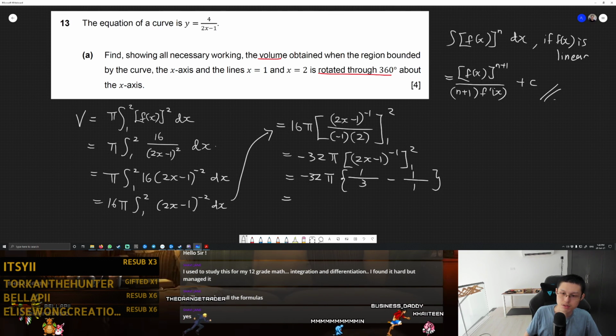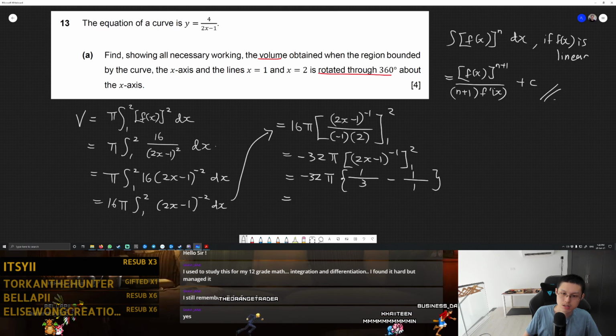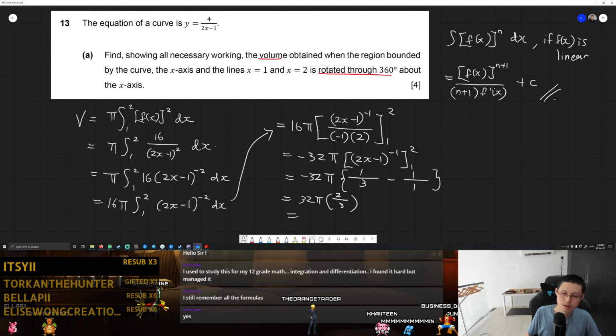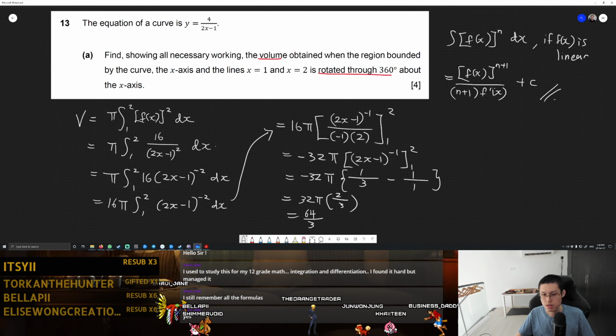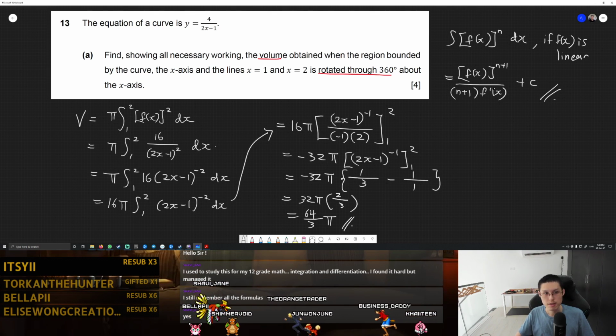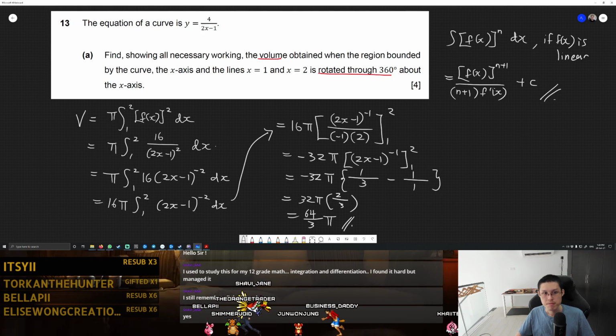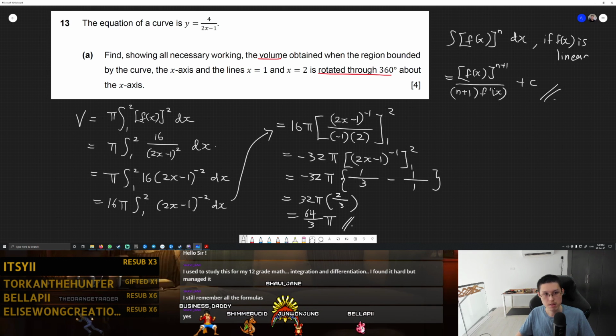So that's going to give us negative 2 over 3, which is 32 pi times 2 over 3, which is 64 divided by 3. We just leave it at 64 over 3 pi, I suppose. Yep. And there it is. Finished.